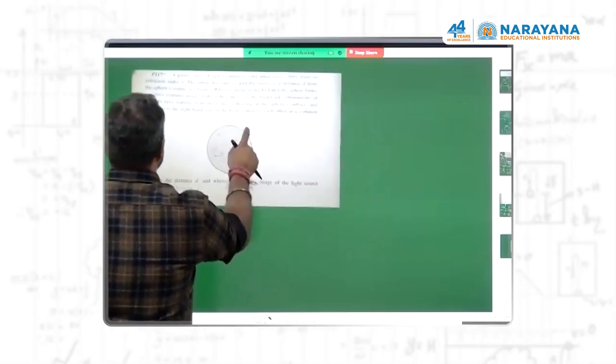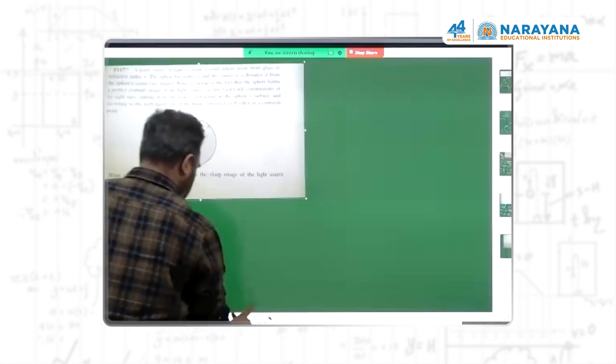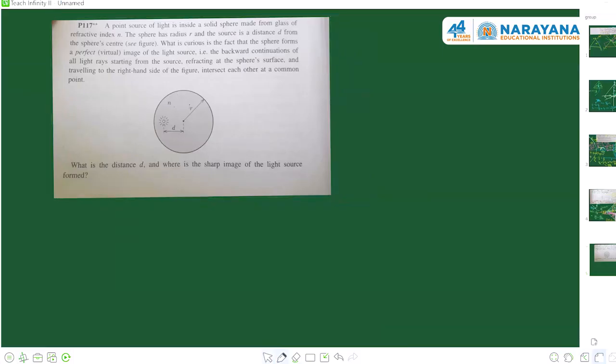He says, if there is a uniform solid sphere, and it has got a radius r, and it has got a refractive index of n.